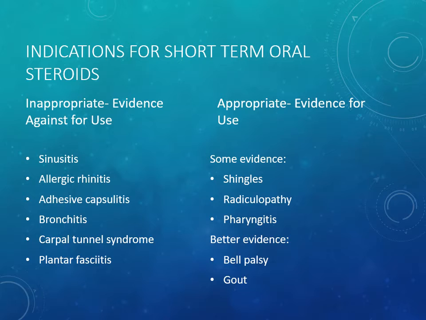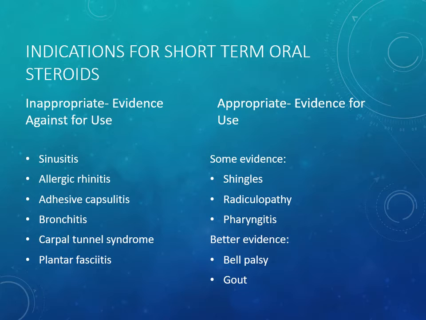Some of these can be treated with topical or injectable steroids, like for plantar fasciitis, adhesive capsulitis of the shoulder. Now, in the case of bronchitis, if a patient has acute bronchitis that actually has underlying asthma or COPD, then it would be indicated, if the patient is wheezing, has evidence of bronchospasm, to use short-term steroids.